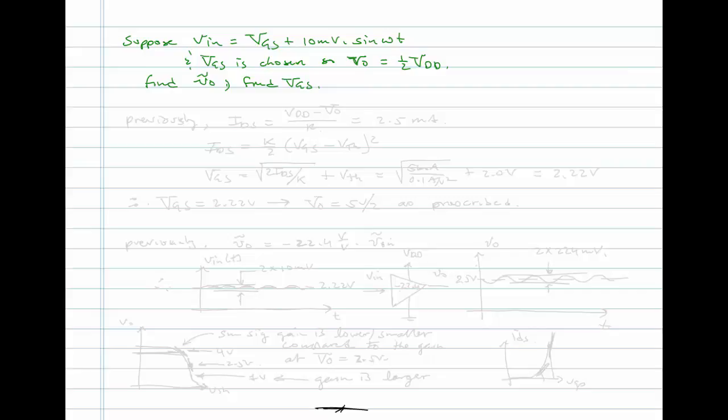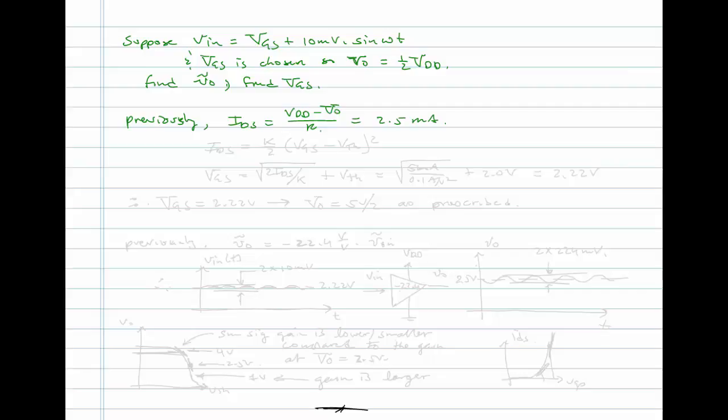Okay, well, we already found that, so previously we found that IDS was equal to VDD minus big VO over R1, which we found to be 2.5 milliamps, right?